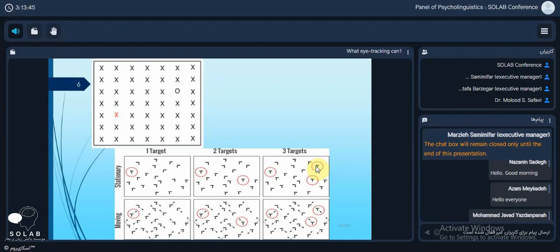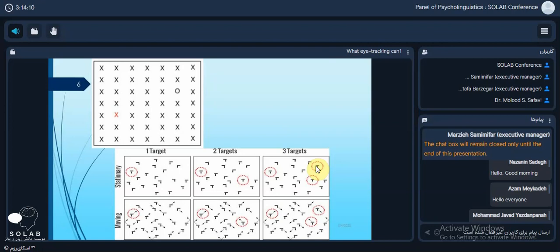The lower picture, what does it say? Please pay attention. In the top part, you can find the T, a different shape among the other shapes. Your eye takes a short time to find the T. It's not very easy. But if the number of T's in the stationary picture increases, what happens?